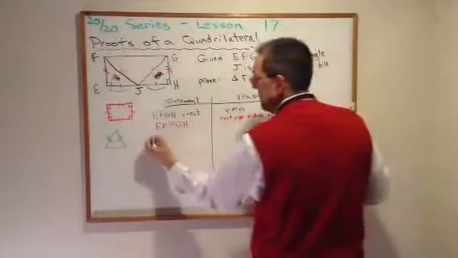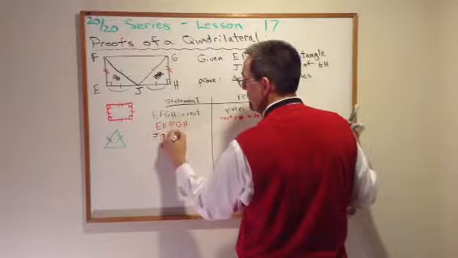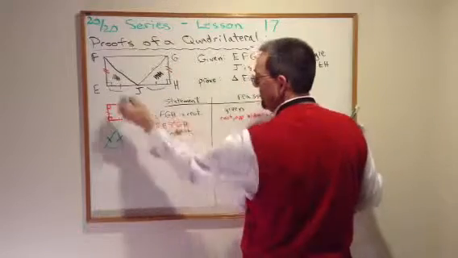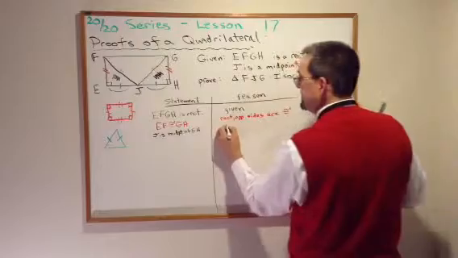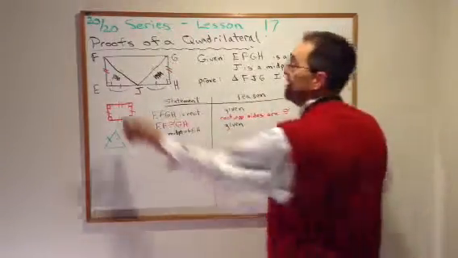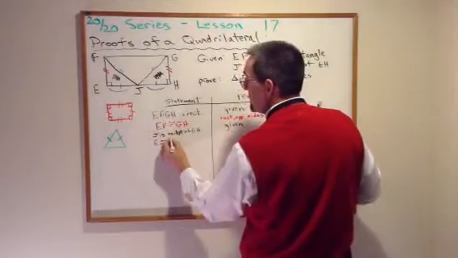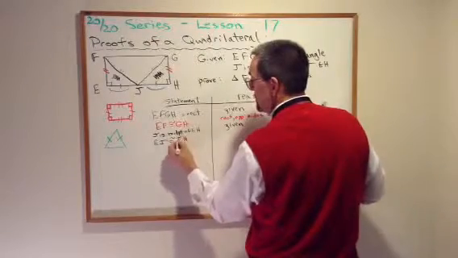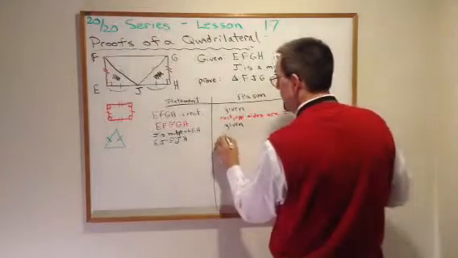J is the midpoint of EH. That's given. From there, EJ is congruent to JH. Definition of midpoint.